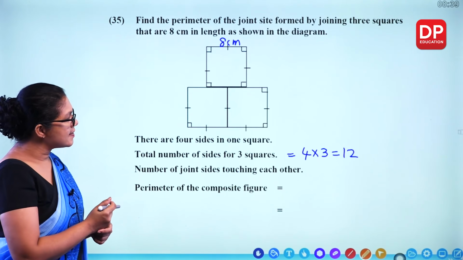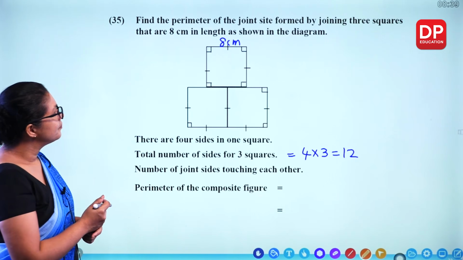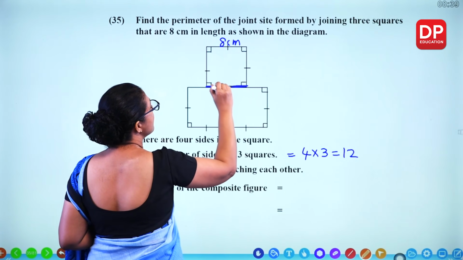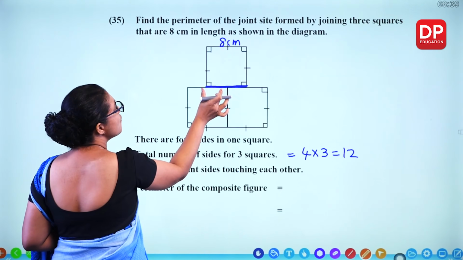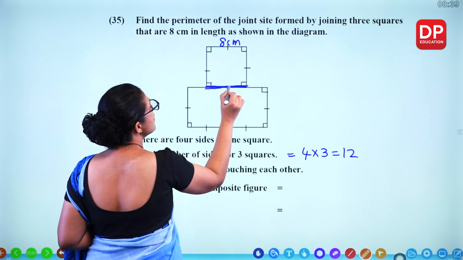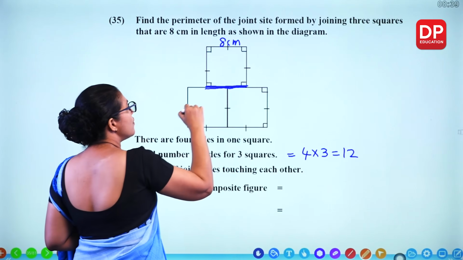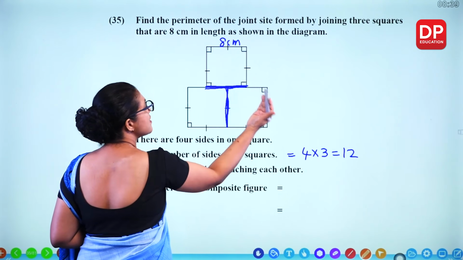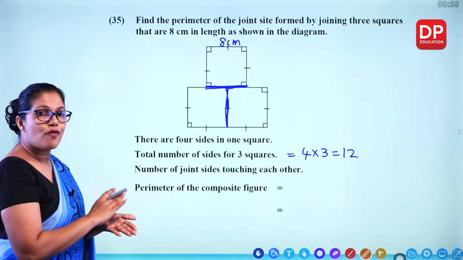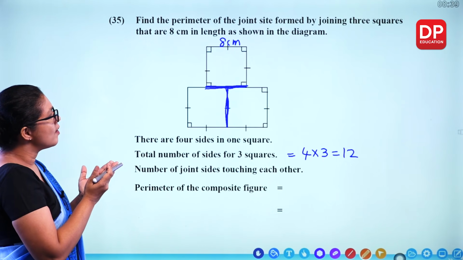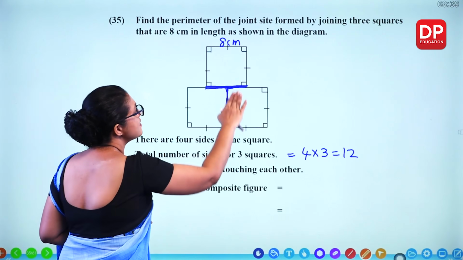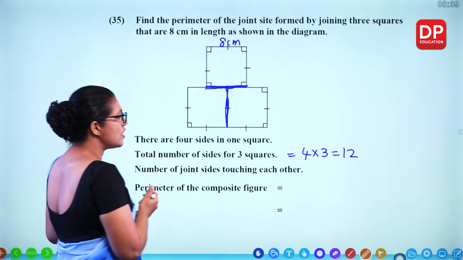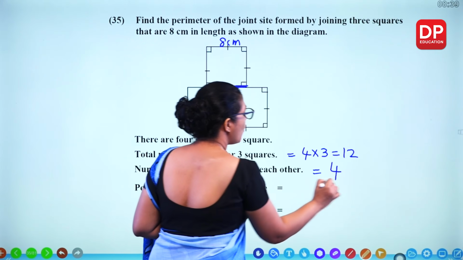Number of joint sides touching each other: this one, 1. And here, another one, so 2. This one, 3 for this square and this side, 4. So 4 lengths overlap and these are inside the figure. So you can't take 4 lengths. Number of joint sides touching each other is 4.